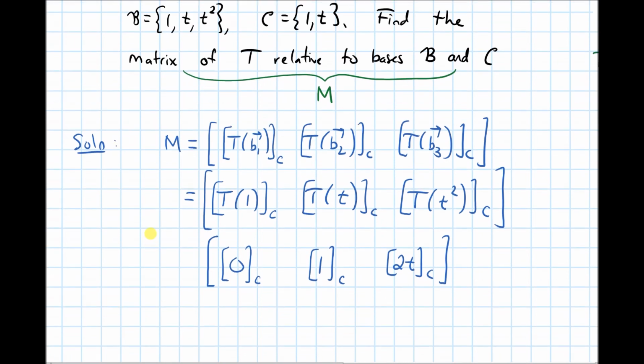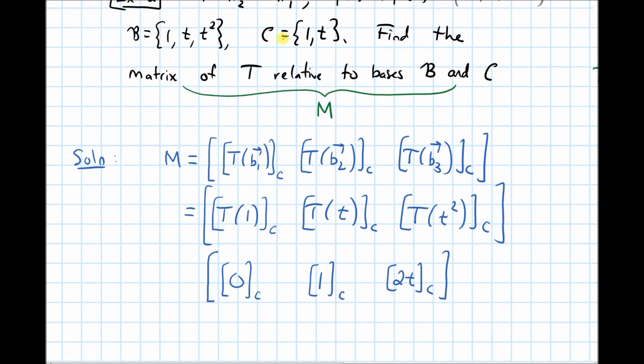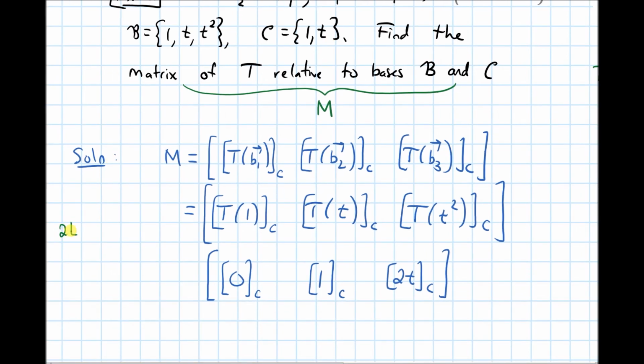Okay, so the next thing I need is to be able to write these polynomials, the 0, the 1, and the 2t, as coordinate vectors relative to this basis c. We've seen how to convert polynomials to coordinate vectors in terms of the standard basis before, so let's just do a quick review. For something like 2t, how would I write that as a linear combination of 1 and t? Well, it's 0 times 1, plus 2 times t.